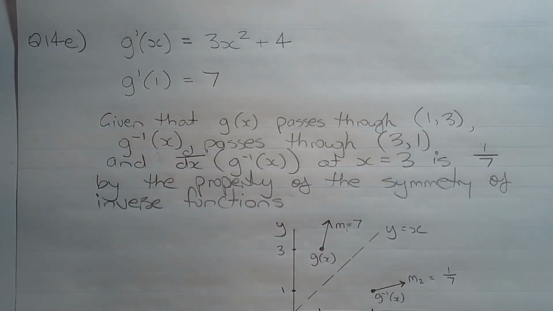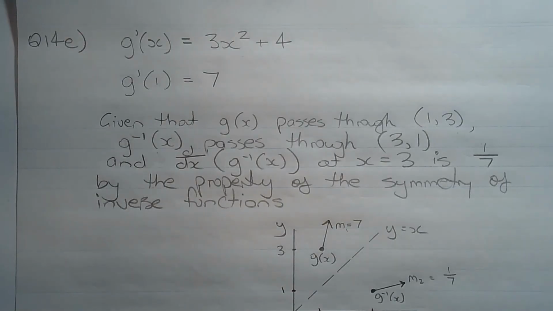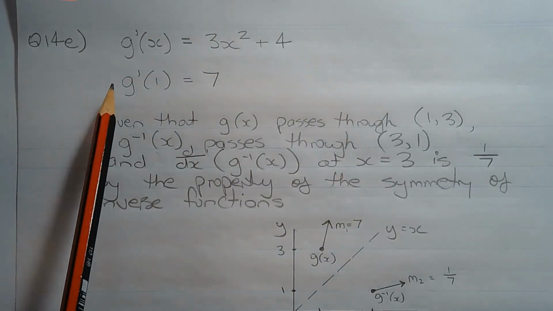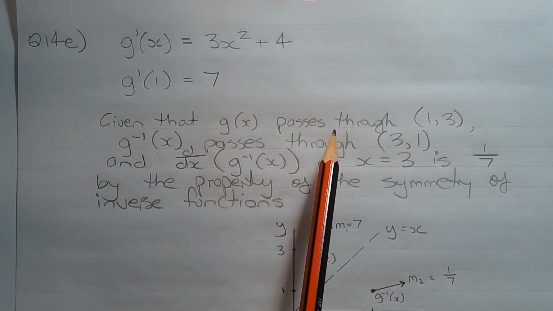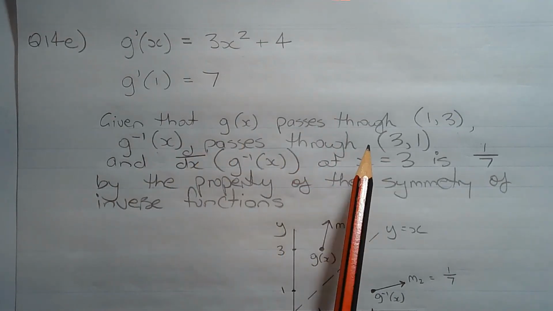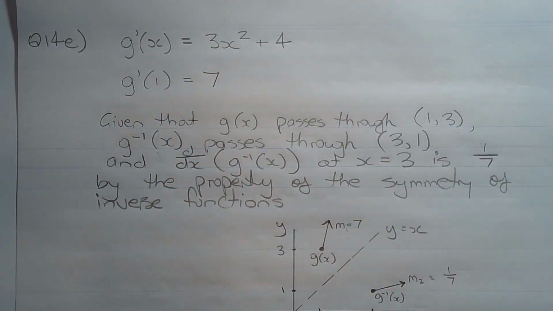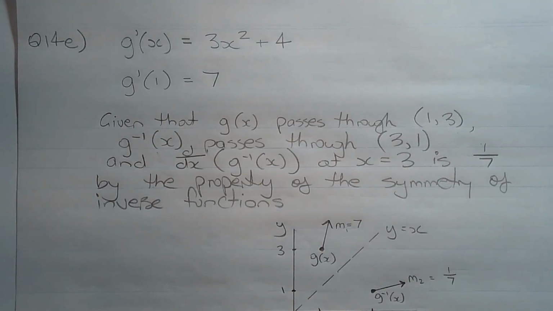The first derivative of g of x, g dash of x, is equal to 3x squared plus 4. At the point where x equals 1, g dash of 1 equals 7. Given that g of x passes through the point (1, 3), g inverse of x passes through the point (3, 1). So notice that the coordinates have been reversed. So this coordinate has been reflected in the line y equals x.